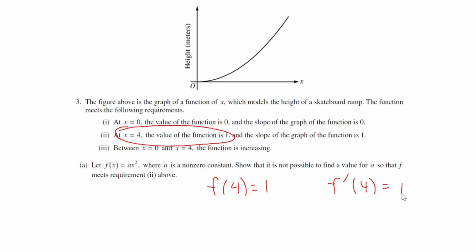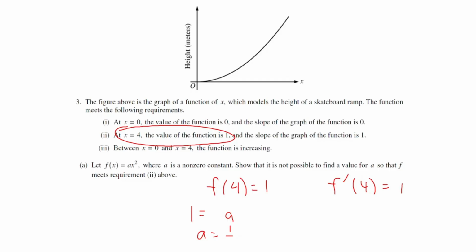Right? So first of all, if f of 4 is equal to 1, then we have 1 is equal to 4a, or a would have to equal 1/4. Sorry, not 1/4. We're putting in 4 for x. So let's do that correctly.